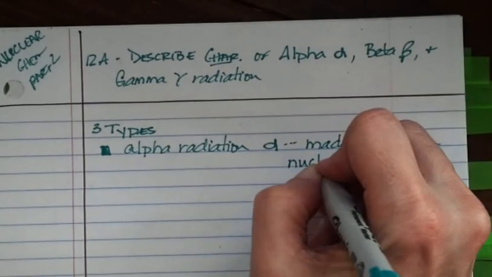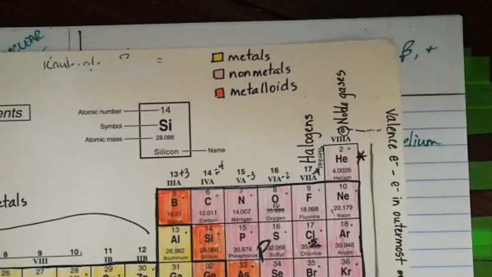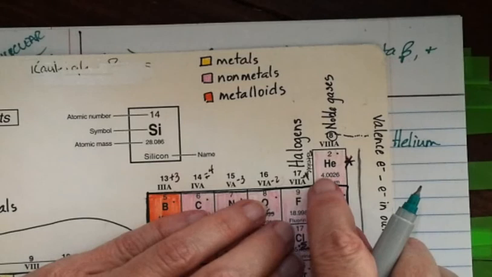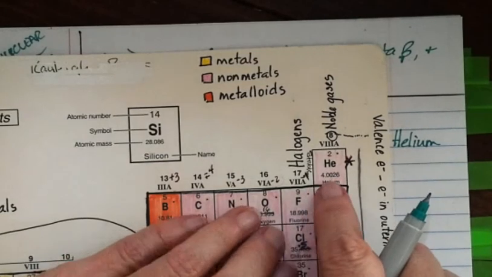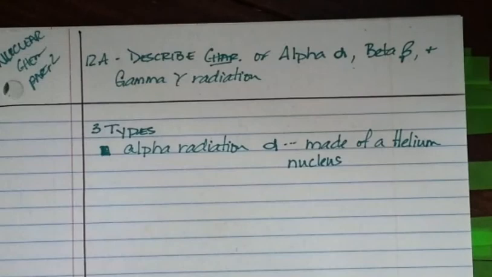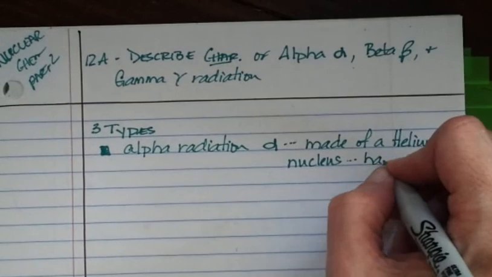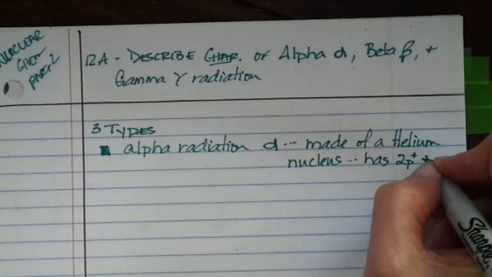And if you look at your periodic table, a helium nucleus, notice it's got a mass of 4, if we round it, which means it's got 2 protons and 2 neutrons. That's what an alpha particle is made of. So an alpha particle has 2 protons and 2 neutrons.